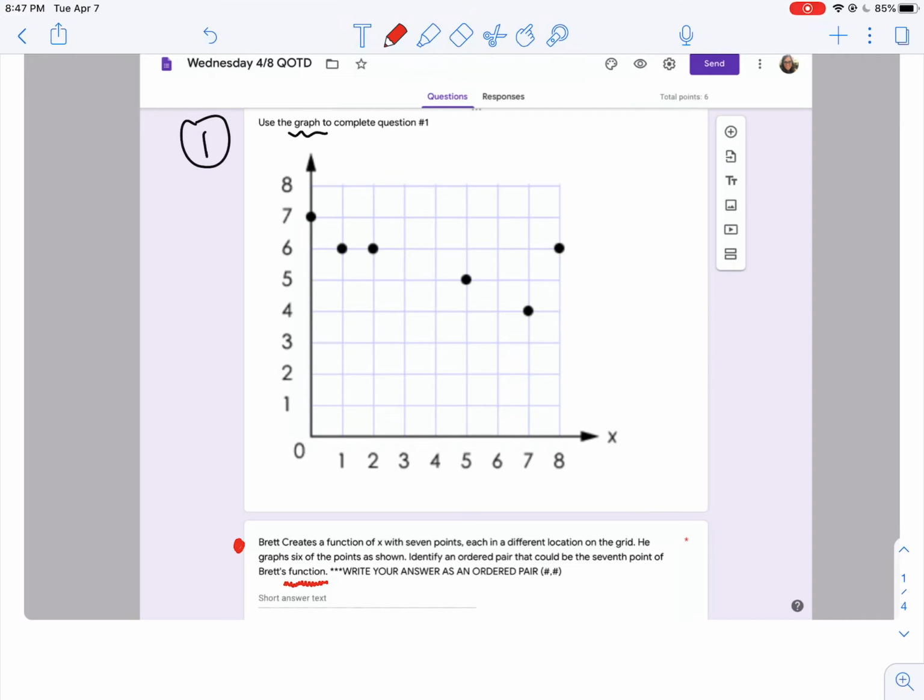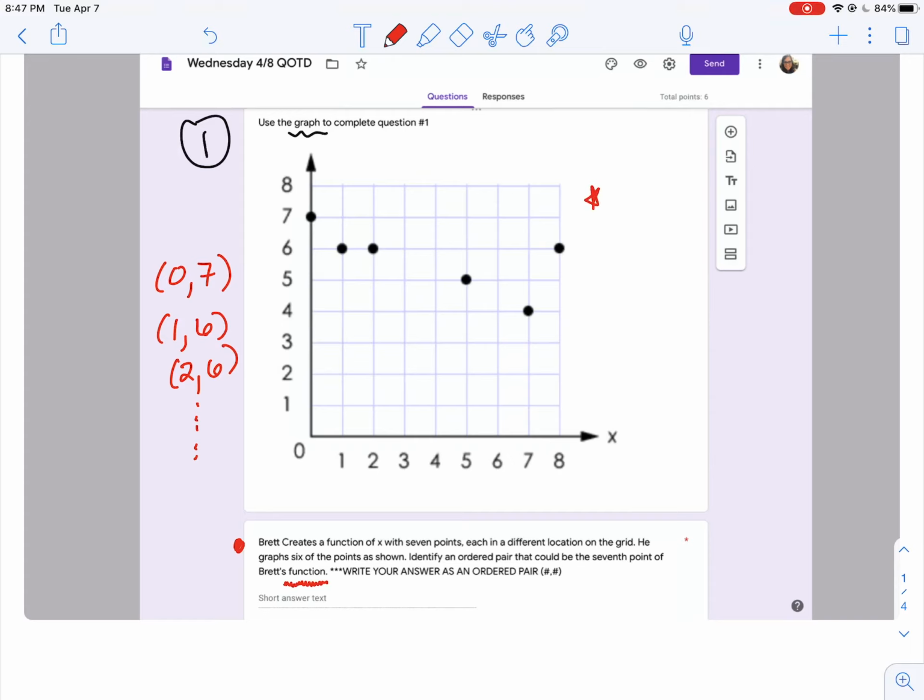You can list all the ordered pairs that they're given, so 0, 7, 1, 6, 2, 6. You can continue to list all the ordered pairs until you have listed all 6 of the ones on the graph. And then you could come up with a 7th one so that the x value is different.